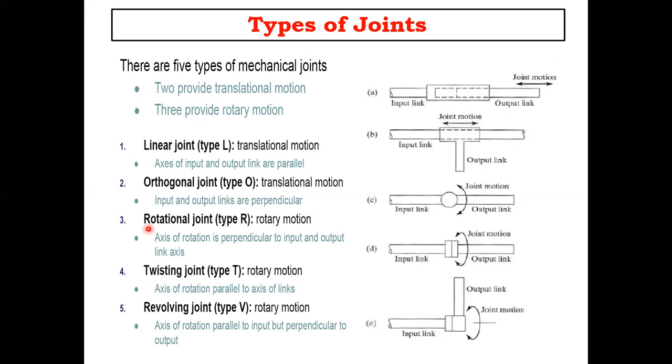Next, rotational motion. Rotational motion means the axis of rotation is perpendicular to the input and output link axes. Next, twisting joint: the axis of rotation is parallel to the axis of the links. Next, revolute joint: the axis of rotation is parallel to the input but perpendicular to the output. So these three define the rotary motion, that is rotary joint.